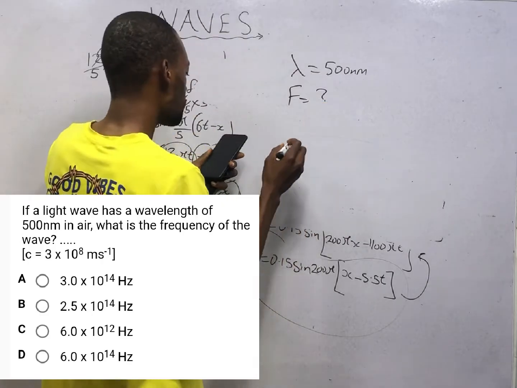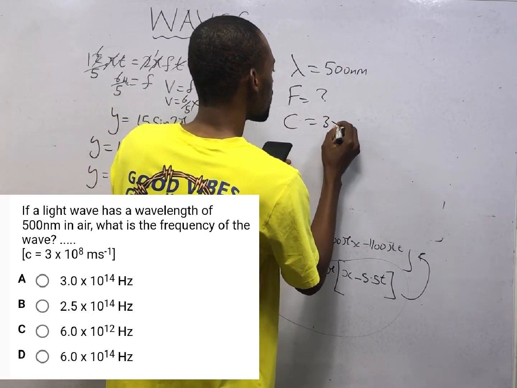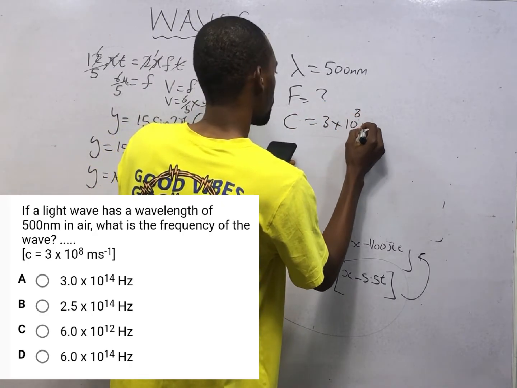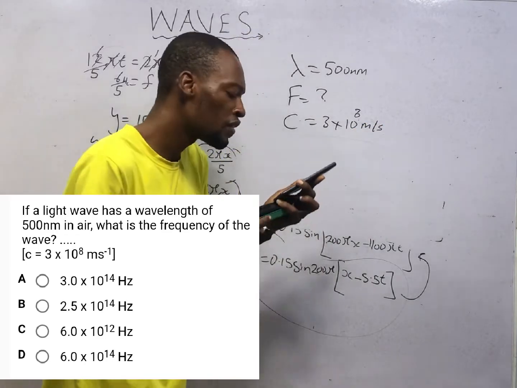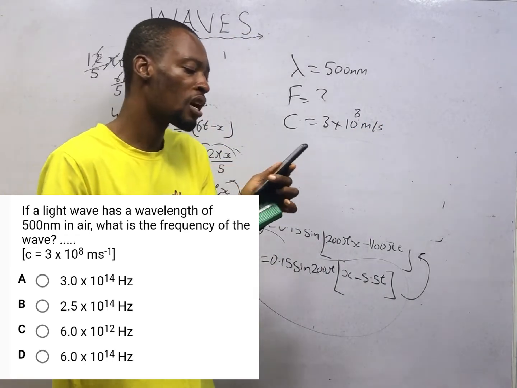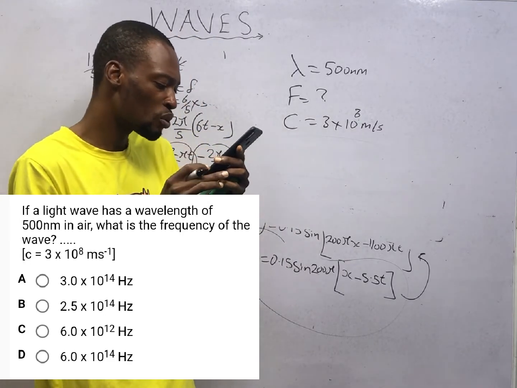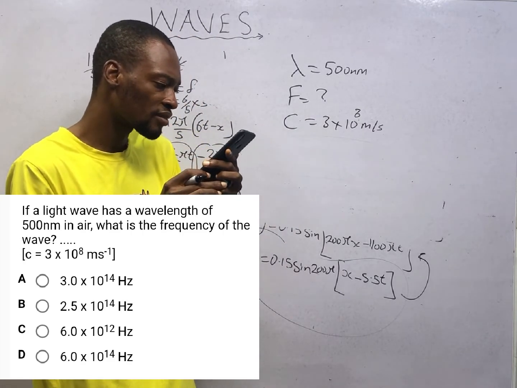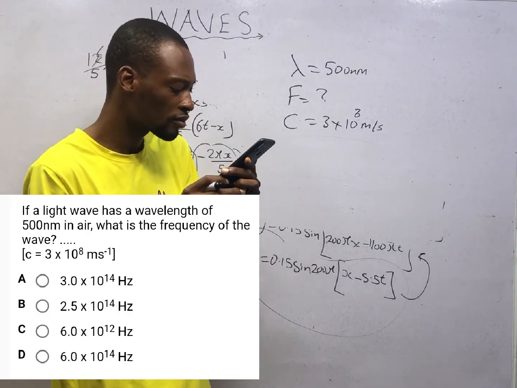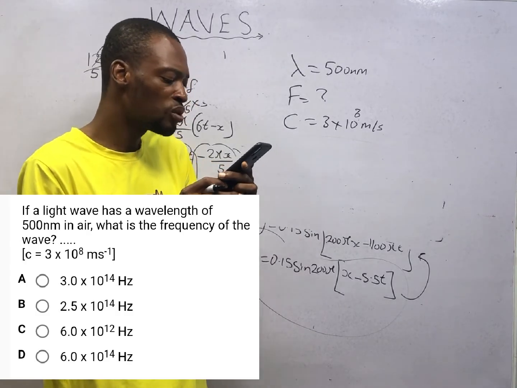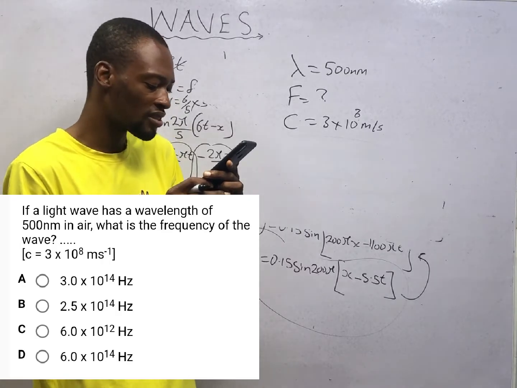Given the speed of light to be 3 times 10 raised to the power of 8 meters per second. So the velocity of light is 3 times 10 raised to the power of 8 meters per second. We are given the wavelength to be 500 nanometer. Then what else? We are asked to look for the frequency.